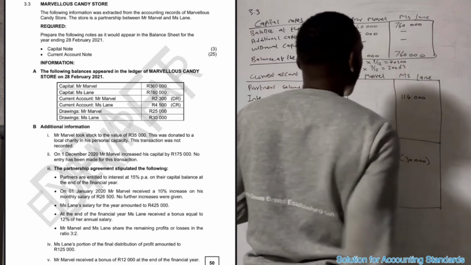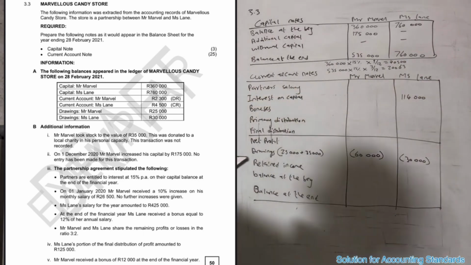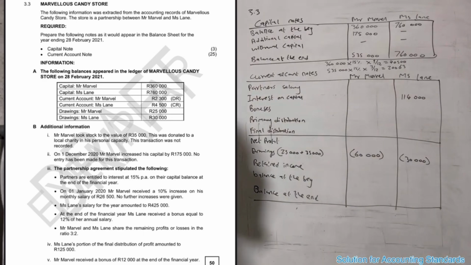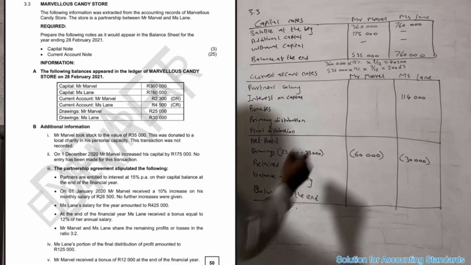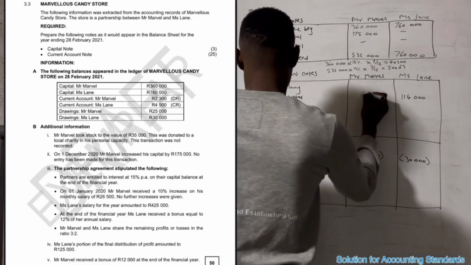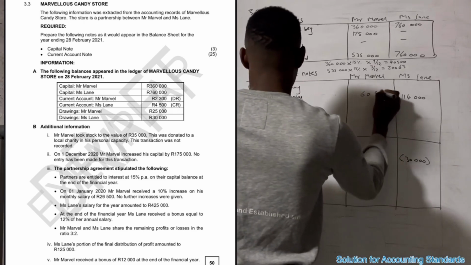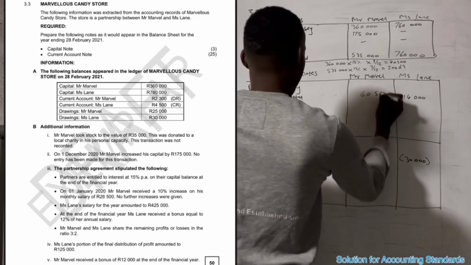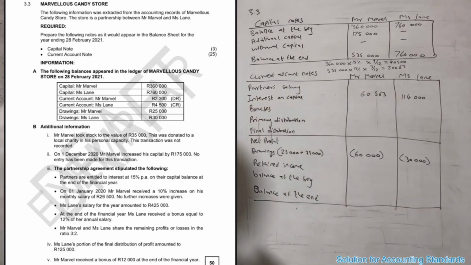It doesn't matter how you round it off, it's fine. Then it's going to give you 60,563. That's how you deal with this interest. Okay, moving to the next one.